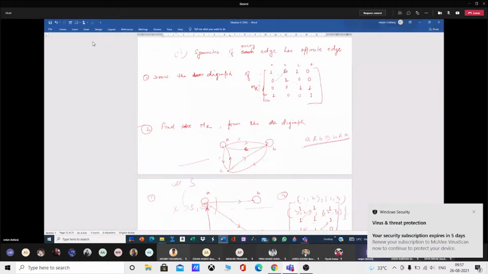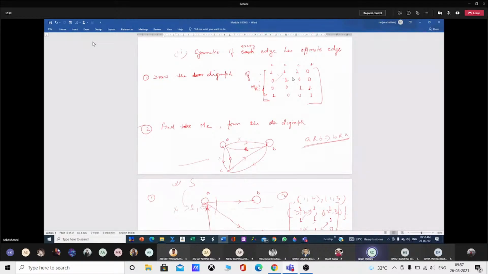Suppose we have a 1 over here, and 0 over here, then these are symmetric, that means there is an opposite edge of the vertex or the nodes. If it is not, then we say that it is anti-symmetric.